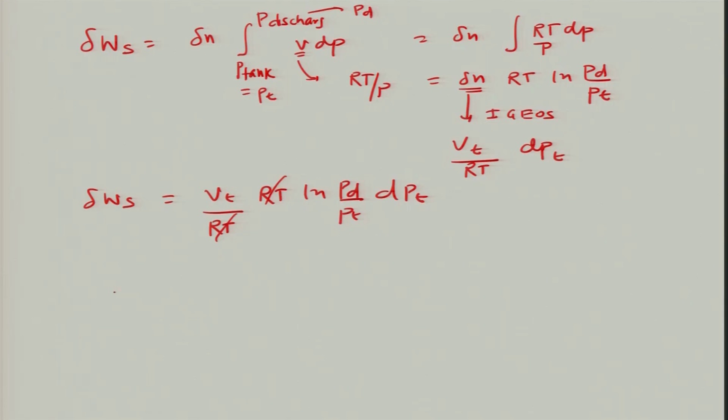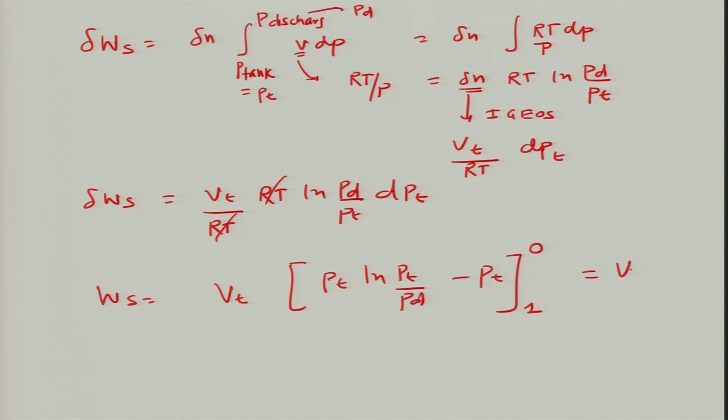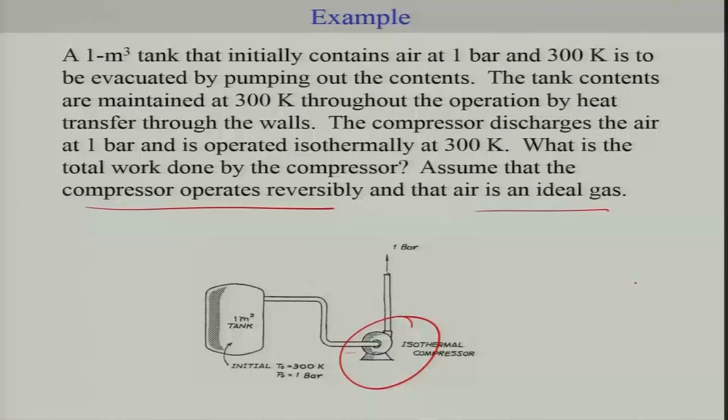Now, if you integrate this, we are going to get V_t, which is constant, P_t ln P_t by P_d minus P_t, and P_t ranges from initially 1 to 0. This can be shown to be nothing but V_t. So, this is the reversible work done by the compressor, which is nothing but 10 to the power 5 joules from the values given here.